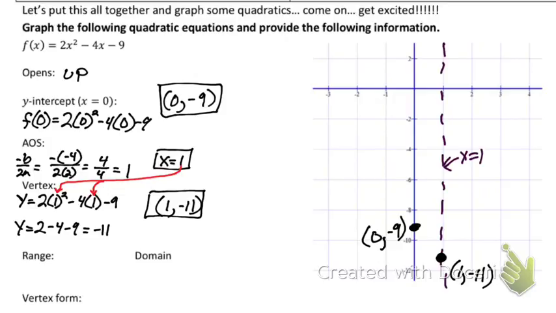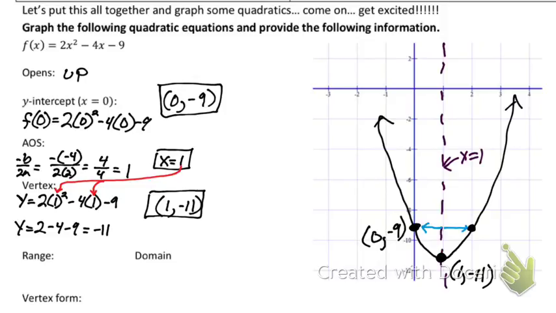If you look at the other point that we have graphed, that is 1 unit away from our axis of symmetry. Which means if I go to the other side of my axis of symmetry 1 unit, we're also going to have a point right here, which gives us a graph that looks something like this. Now, I'm not sure where it crosses the x-axis. We'll figure that out in a second, but that's our general graph.